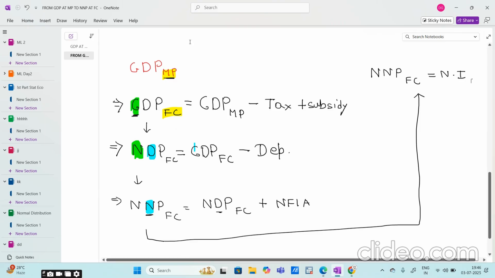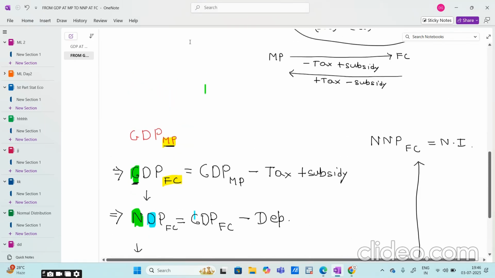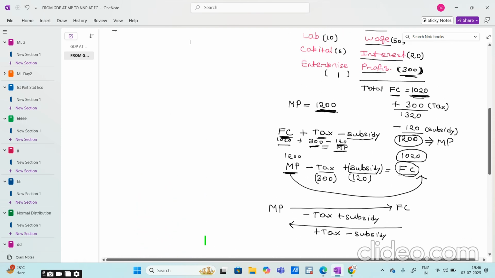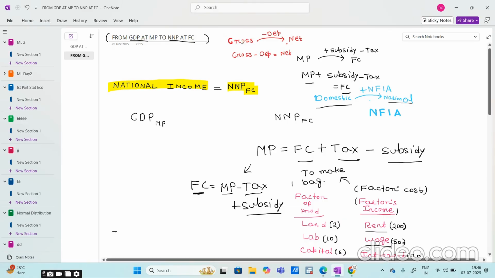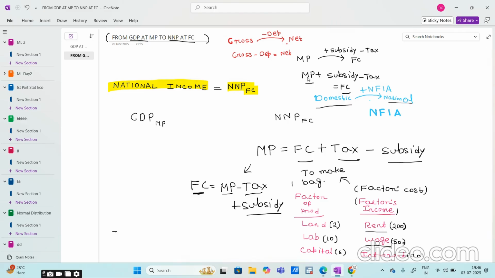You just have to remember these three things listed here below. Let me highlight it once more. From gross to net, you have to subtract depreciation. From market price to factor cost, you have to add subsidy and subtract tax. From domestic to national, you have to add net factor income from abroad.